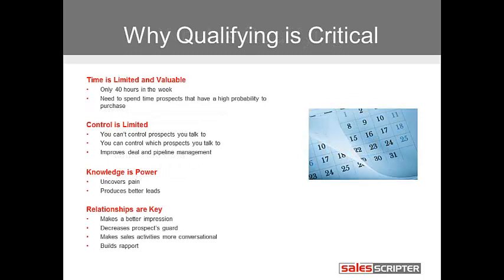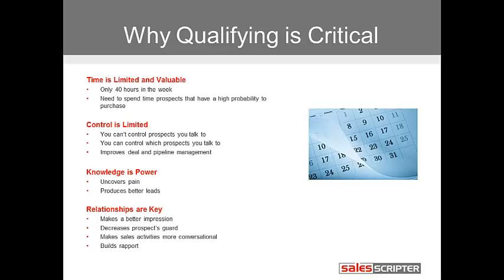So this is really one of the most important steps of prospecting and being a salesperson. In fact, a lot of salespeople often say, if I could improve one area, I would want to be a better closer. And people always think that there's ways to become more persuasive in closing and more manipulative.